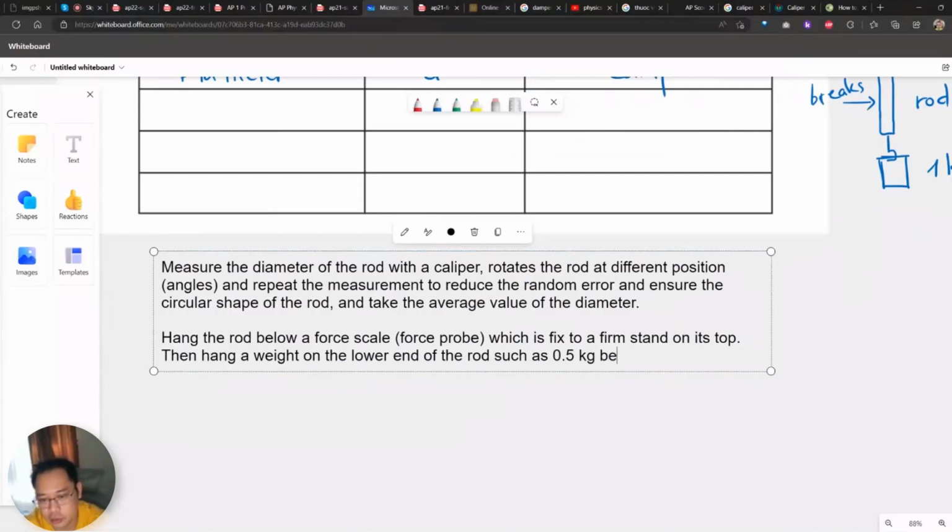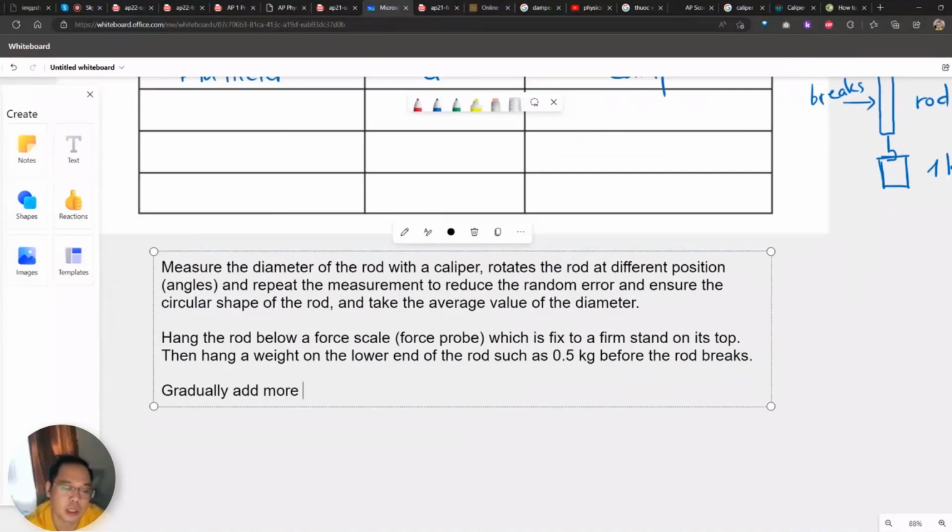Before the rod breaks. Gradually add more weight to the rod, more weight to the hanger, more weight to the hanger below the rod.